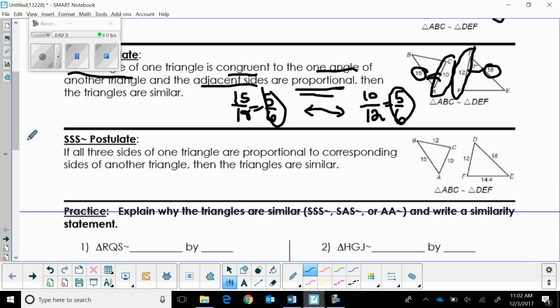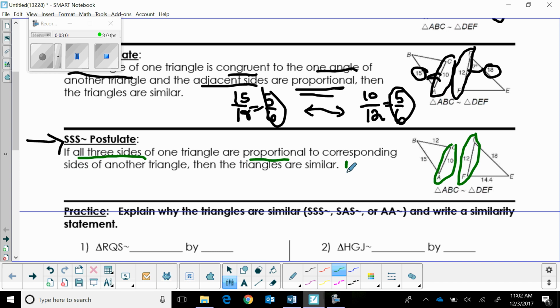Okay, and the third one is our side-side-side postulate. Well, side-side-side means all three sides have to be proportional to the corresponding side of the other. So let's look at how we would decide which ones pair up. Well, the smallest side in the first triangle is side AC, which is 10. So look for the smallest side in DF. Well, it's 12.